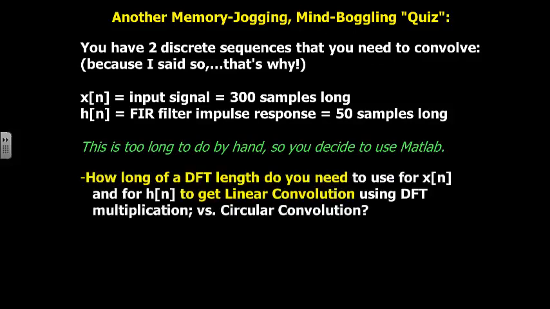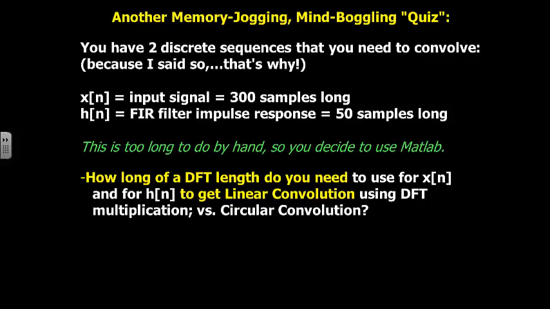So let's say we want to do this with DFTs. We want to get a valid linear convolution result for these two. How many samples long do I need my two sequences to be before I transform them if I want to get linear convolution instead of circular convolution? 350? That'll work.